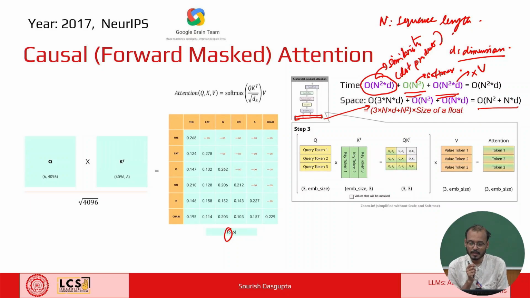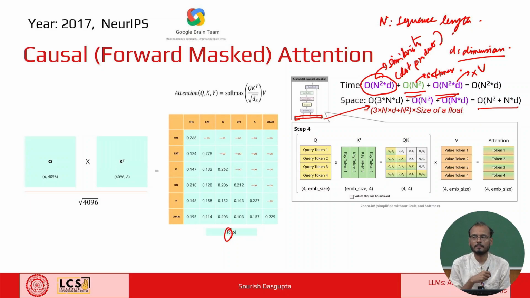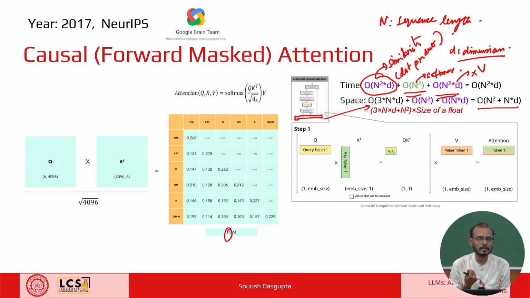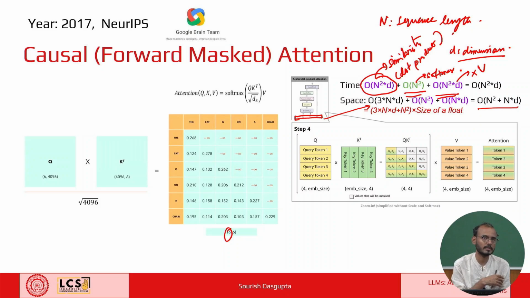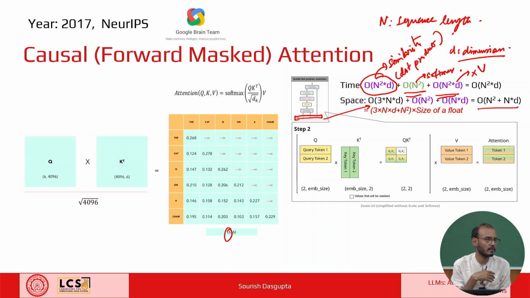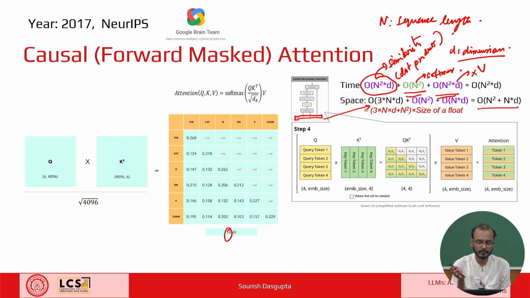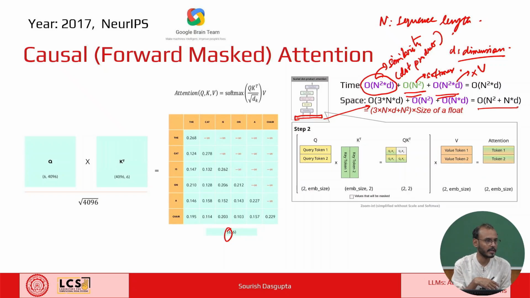So if you want to look at it in terms of the byte size, then that would be 3 times n multiplied by d plus n square, multiplied by the size of a float. So if you're taking, let's say, 16 bit, then it would be multiplied by that many bytes.